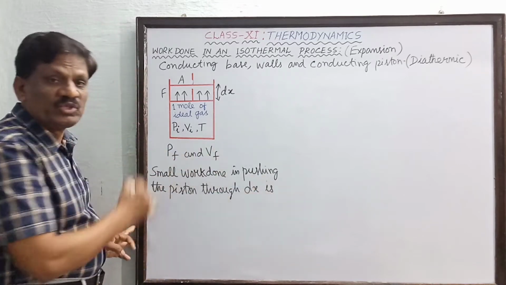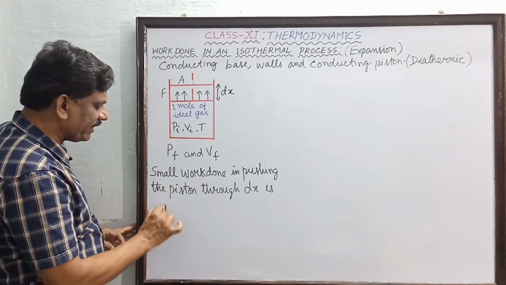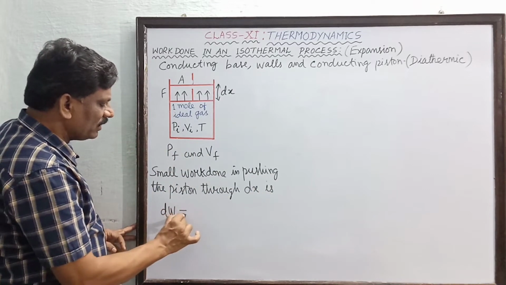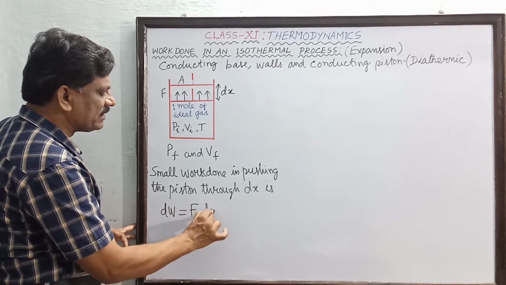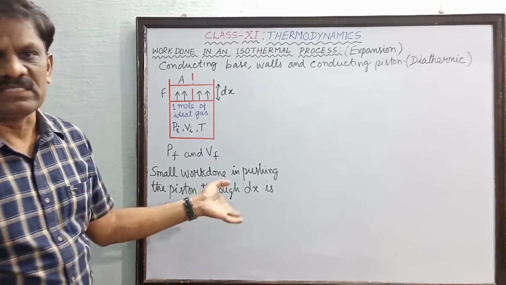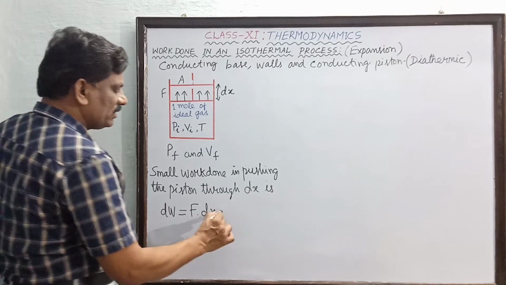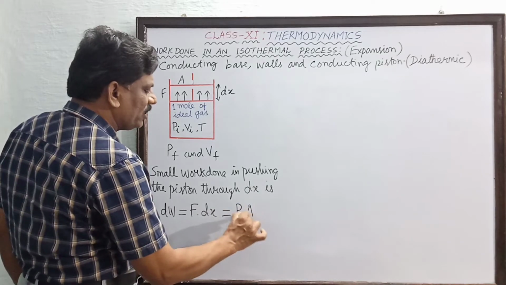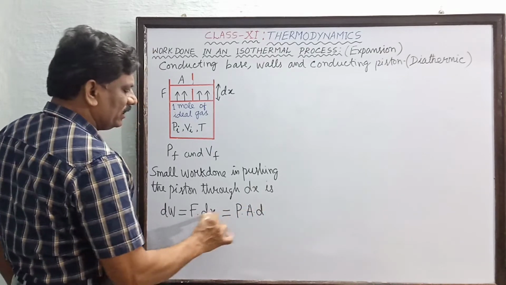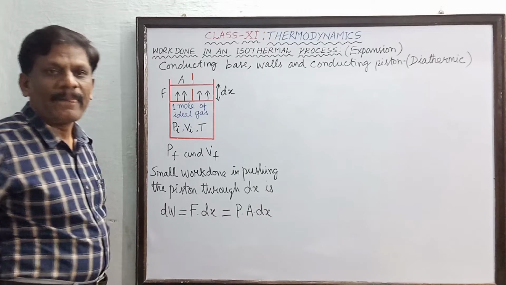This work done also should be small, so I take the symbol dW. And dW is equal to force into distance. And this force is equal to pressure into area, into distance.